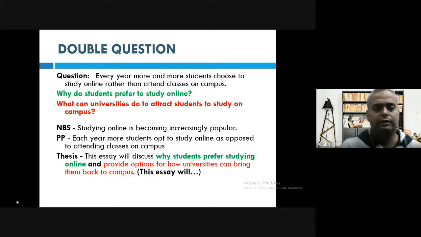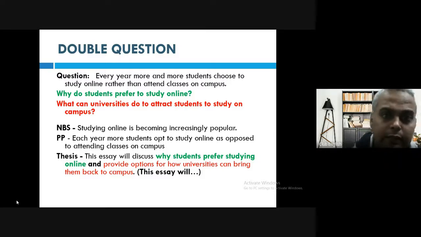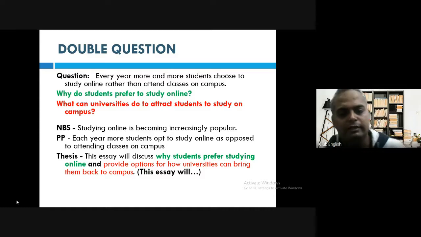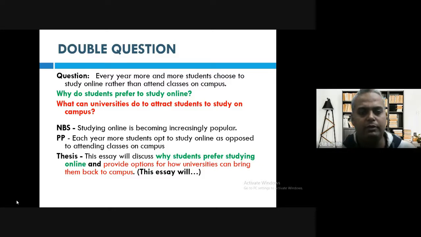Double question is very easy to answer the moment you understand how to write the thesis. Thesis is very simple. The first area: this essay will discuss. Now you pick up the first question: why students prefer to study online, or studying online, and provide options for how universities can bring them back to campus.